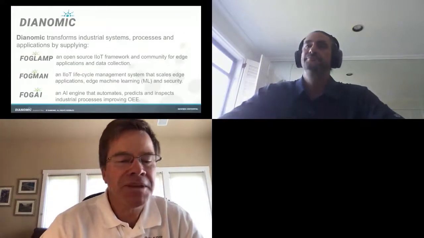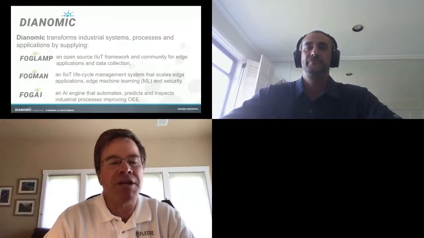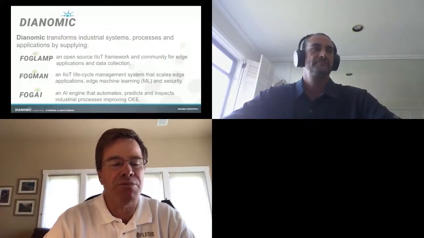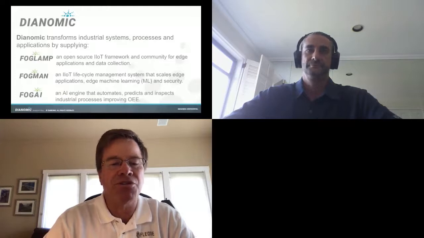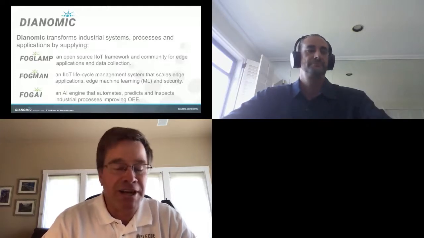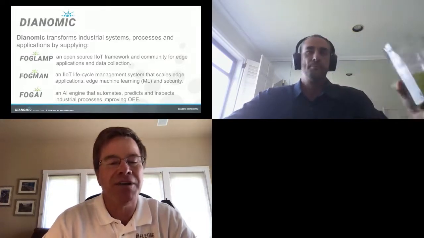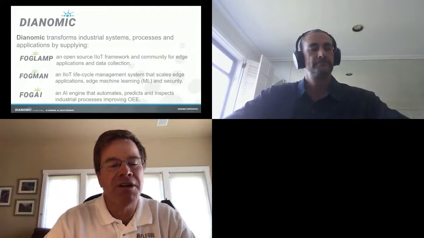Thank you, Daniel. My name is Tom Arthur, CEO of Dianomic. Dianomic transforms industrial systems and processes by supplying 3 products today. One of them, FogLamp, is an open source industrial IoT framework for connecting all of the different machines and services and processes Daniel just talked about, and in some cases, running applications on the edge when necessary.